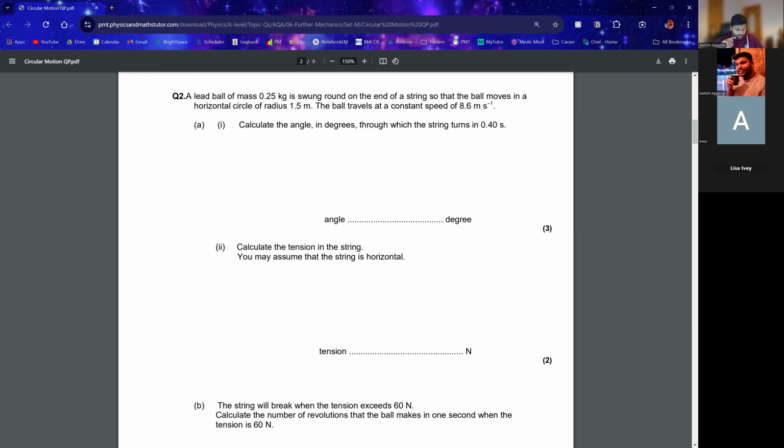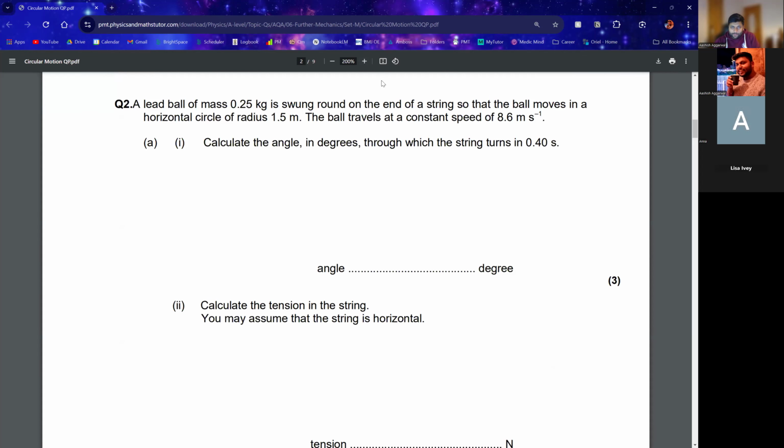What I was wondering is if we could do angular speed is equal to 360 divided by t, but instead of 360, we put an x because we don't know the angle and we have to find the angle. Then we rearrange to find the x, but I wasn't sure if that was correct.